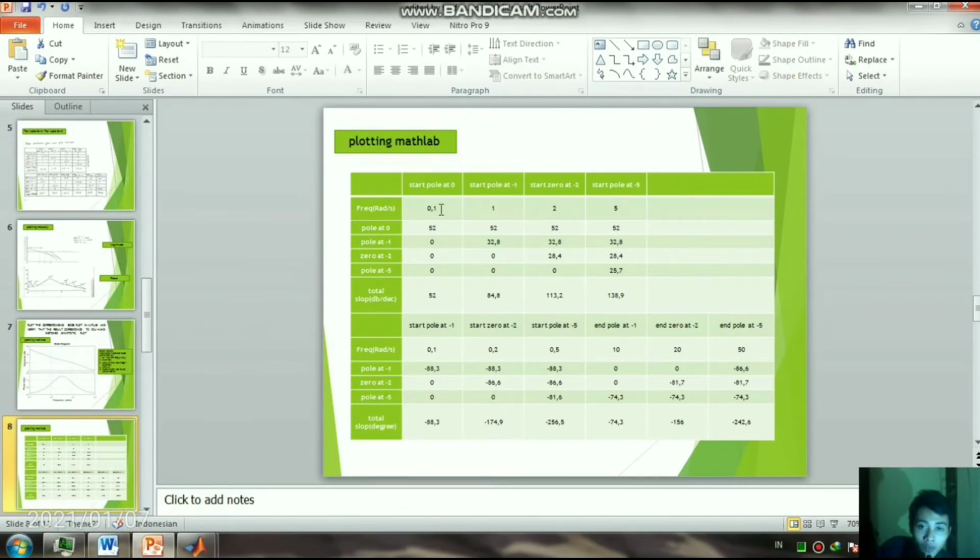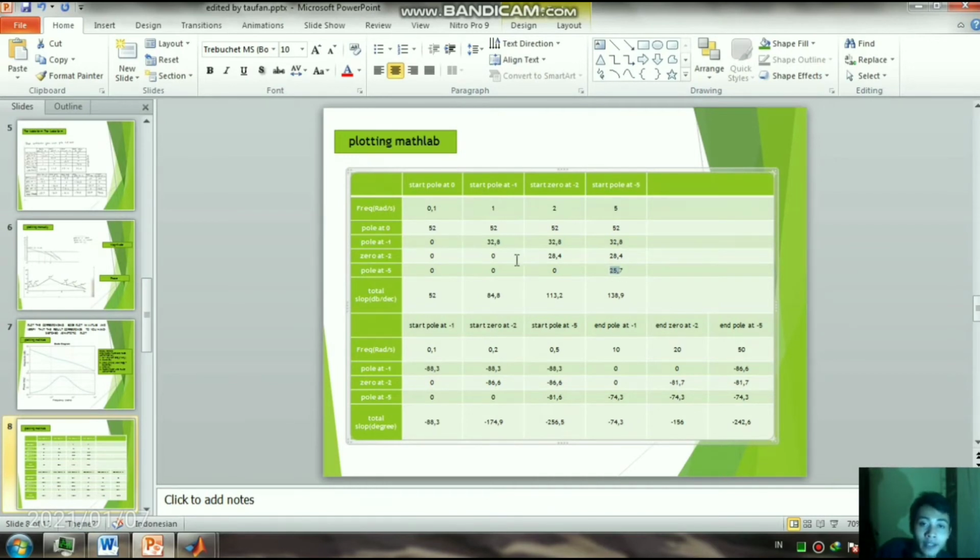We can obtain for this start pole at 1, the pole at minus 5. Start pole 5 gets 28.4 and 25.7.